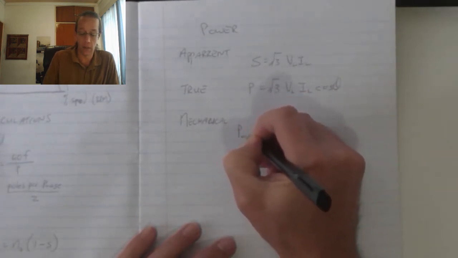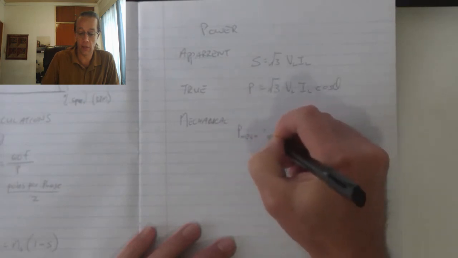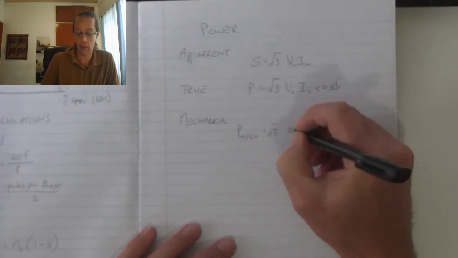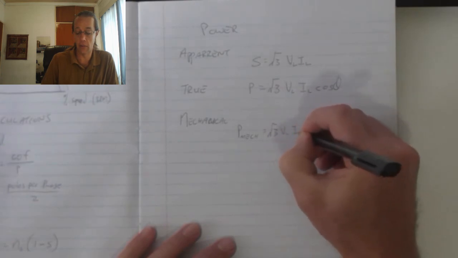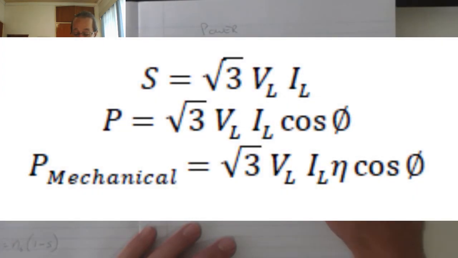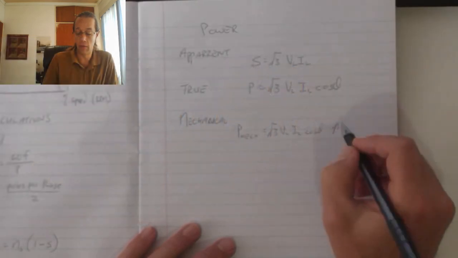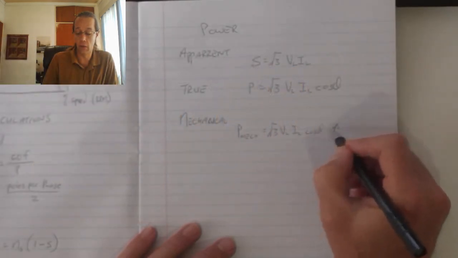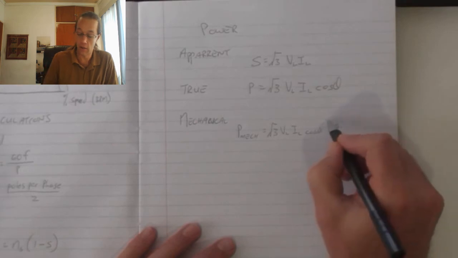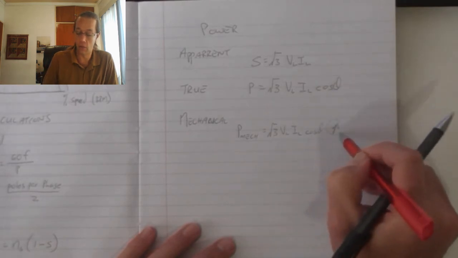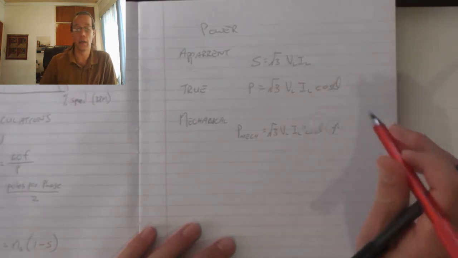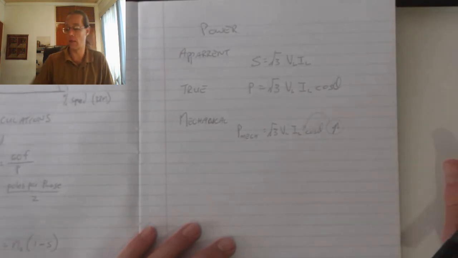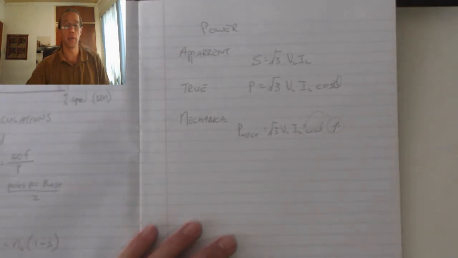So P mechanical equals square root of 3 multiplied by VL multiplied by IL, line voltage and line current, multiplied by cos theta, and we include the efficiency of the motor. Now, if you're given the phase angle, rather put this efficiency before the cos theta to avoid calculation errors on your calculator.